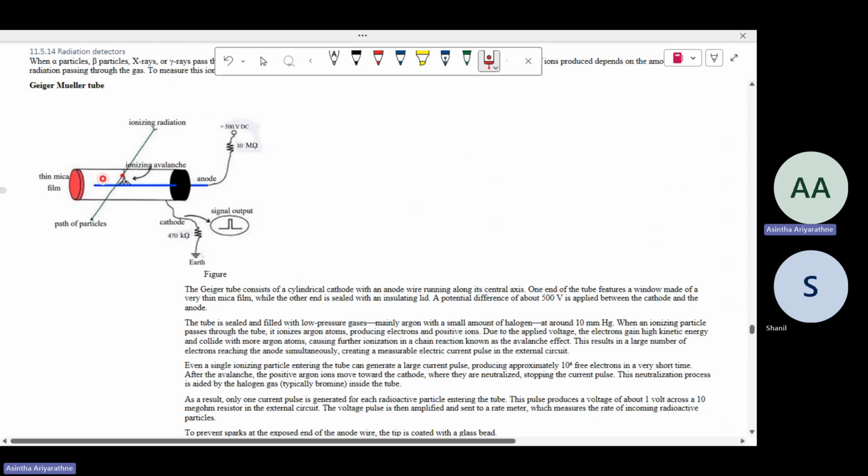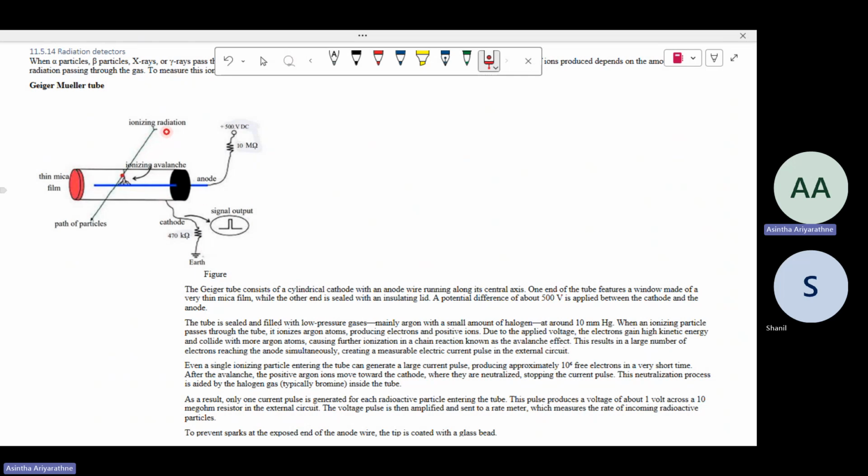Inside, the tube is filled with some gas, like argon, maybe neon. It's normal neutral argon gas.